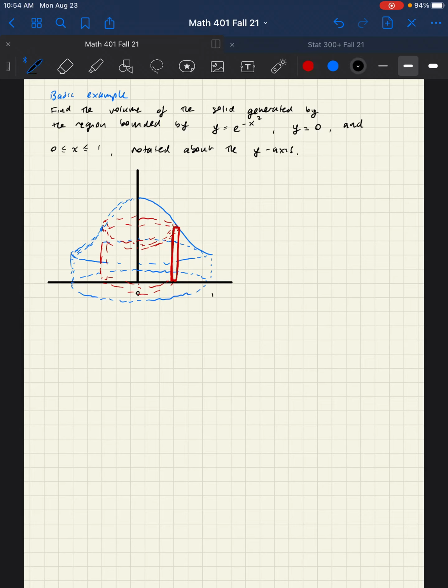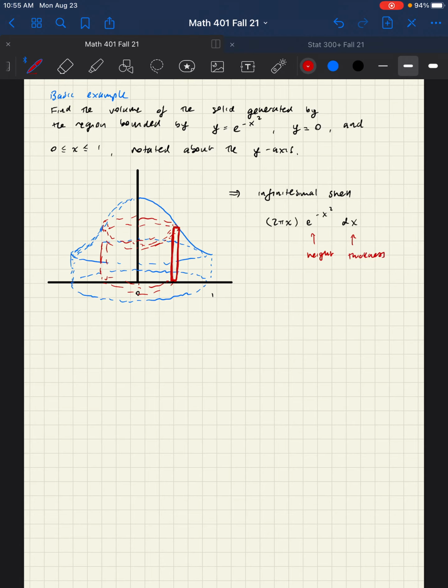Okay, so crappy drawing aside, our infinitesimal shell that we're going to integrate is, remember, 2 pi x times the function value, which is e to the negative x squared, times dx.